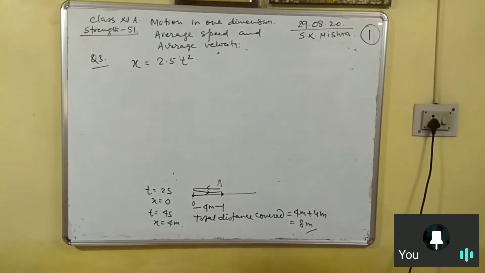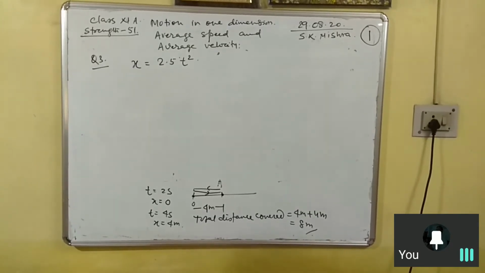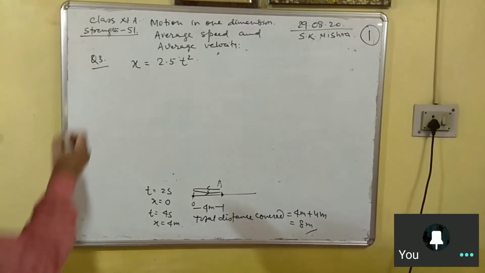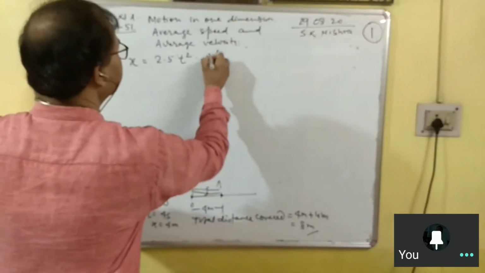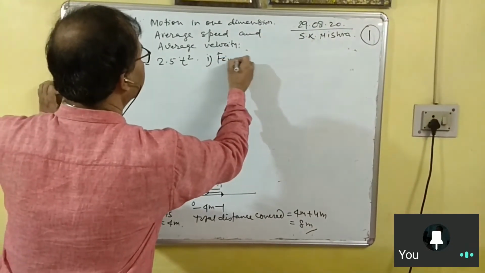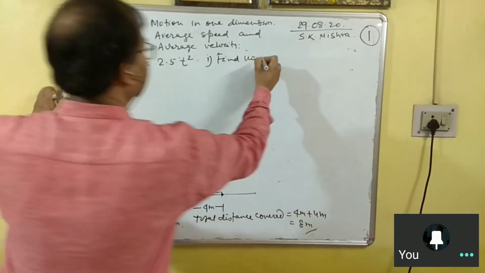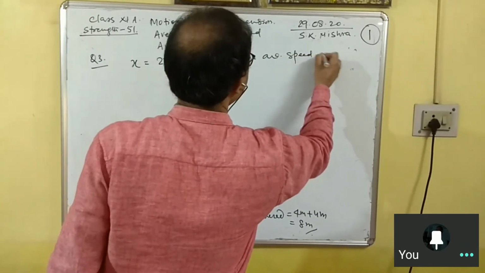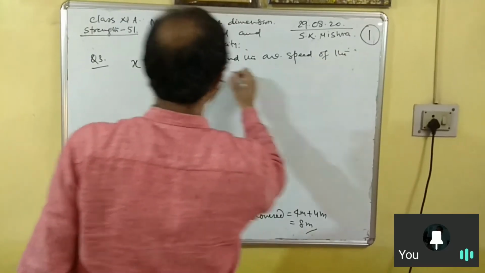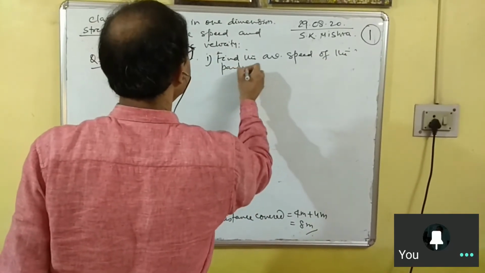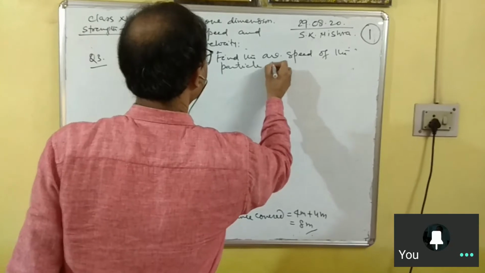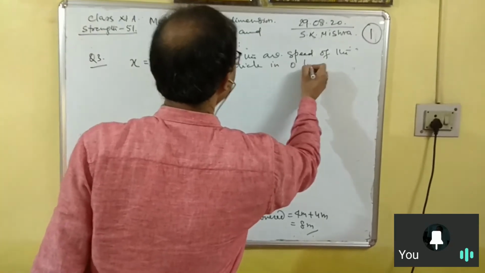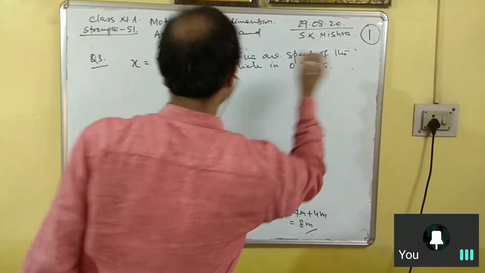Now find the average speed of the particle in 0 to 5 seconds.